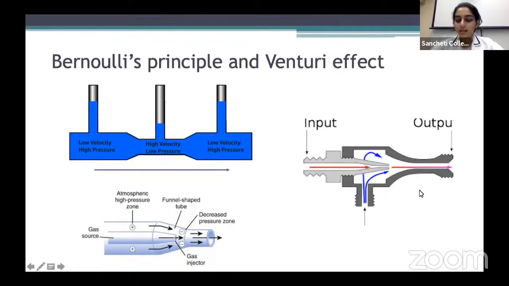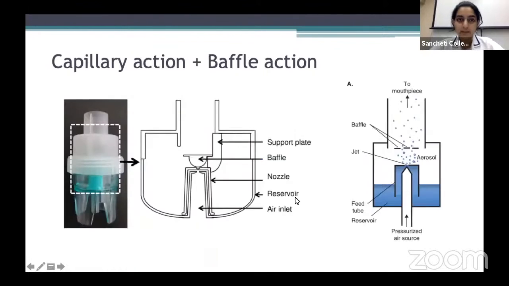Now, moving ahead, what is capillary action and baffle action, and how do they come into the picture when I'm talking about a nebulizer? This image on the left, this chamber, a photograph of which we have seen many times already, is called a Hudson chamber. A Hudson chamber consists of a reservoir or a container for the medication or saline or whatever material you wish to introduce into the respiratory tract.